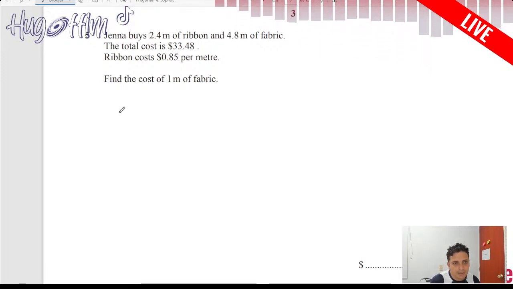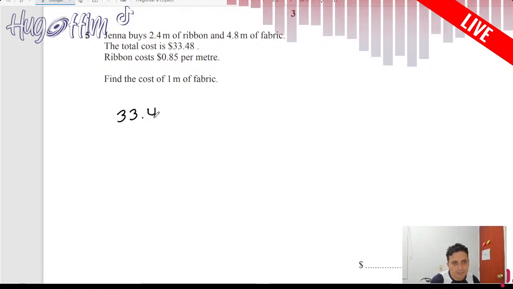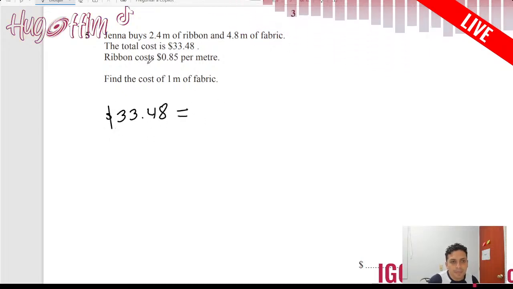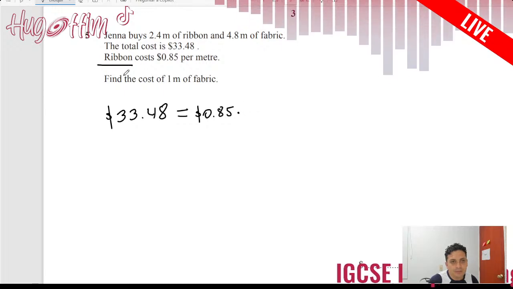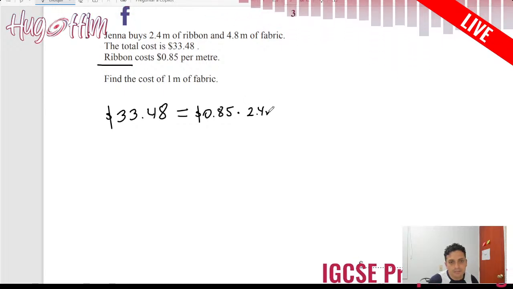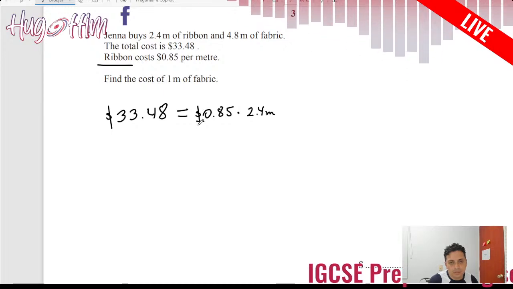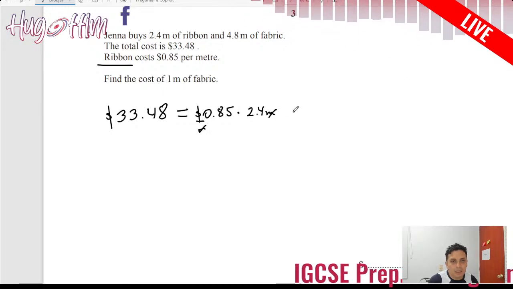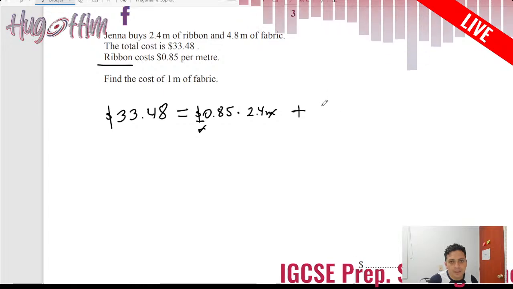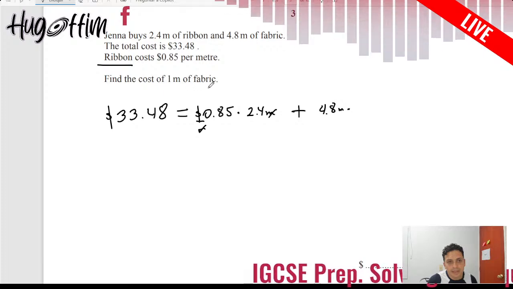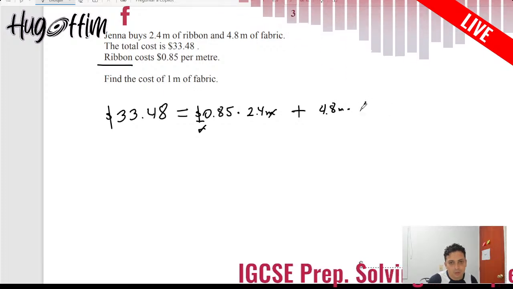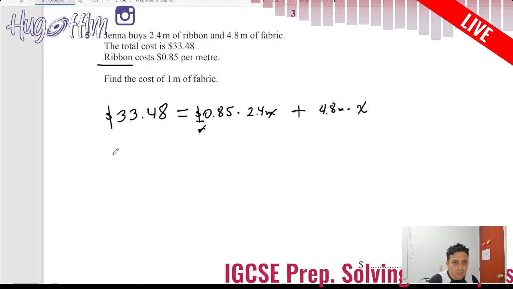So the total cost, that is 33.48, is calculated just by multiplying the $0.85 per meter times 2.4 meters of ribbon, plus the 4.8 meters of fabric times the cost of 1 meter of fabric. I'm going to call that x. So I just need to simplify this.